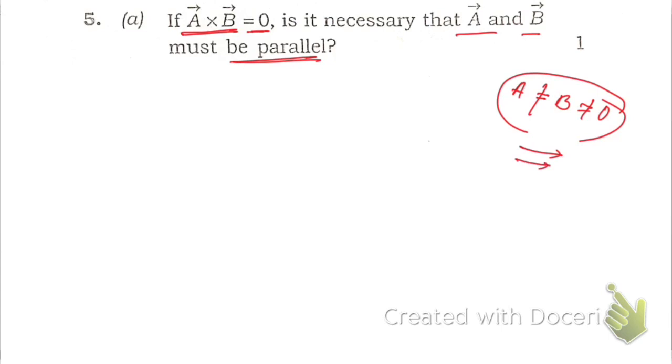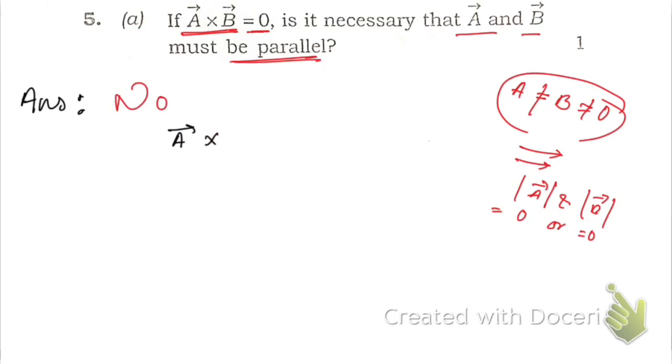Otherwise, not. If any one of these two vectors, either a or b, has magnitude equal to 0, then it is not necessary that a and b must be parallel, right? So simply our answer is just you can write no.